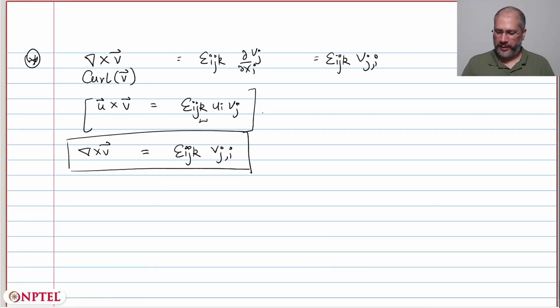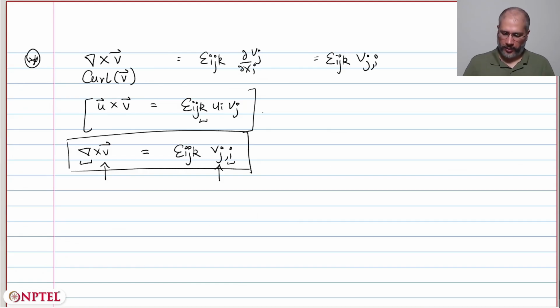Remember, the index i is coming from the grad operator here, and the index j is coming from this v. That is the reason i comes after j in the comma notation, but it is del by del xi of vj. There's sometimes a confusion about the ordering of the indices, but if you go to the meaning of what exactly curl is, this will be clear.